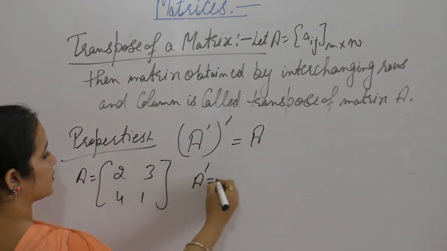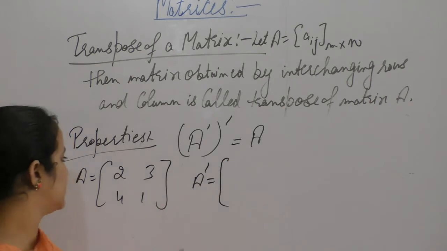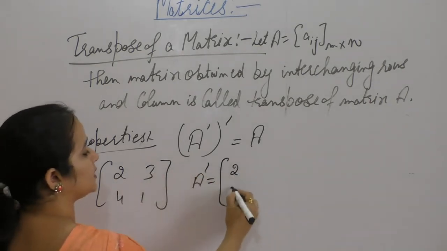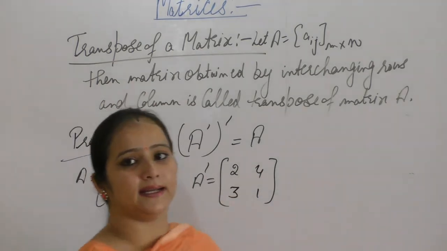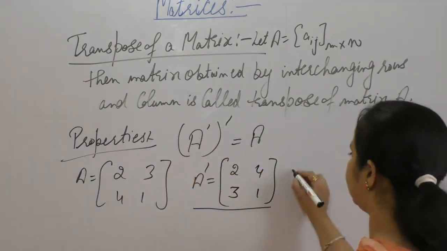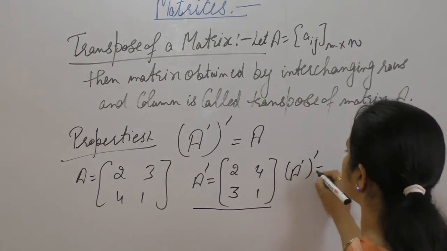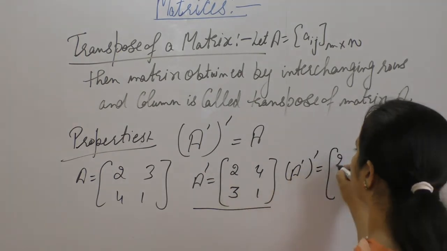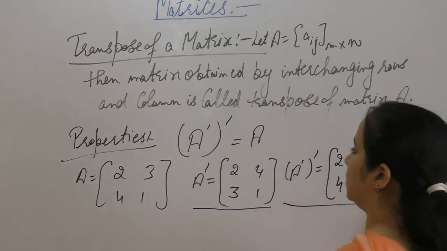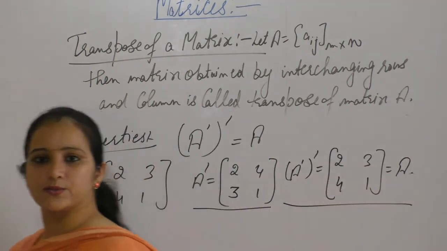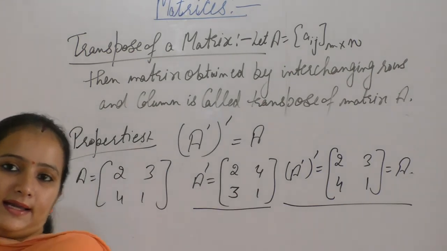Then A transpose: change rows into columns, the row 2, 3 changes into a column, and 4, 1 likewise. If we again take the transpose of A transpose, [2, 4; 3, 1], that is equal to matrix A. So the transpose of A transpose is equal to matrix A.